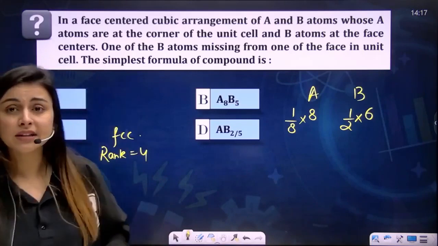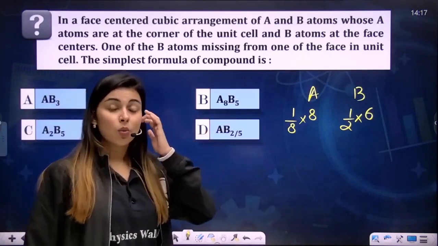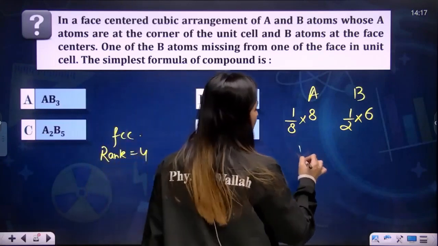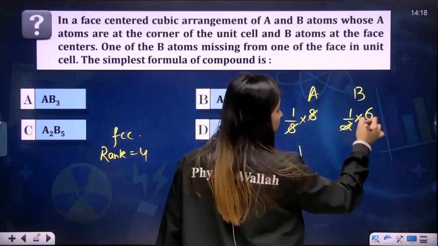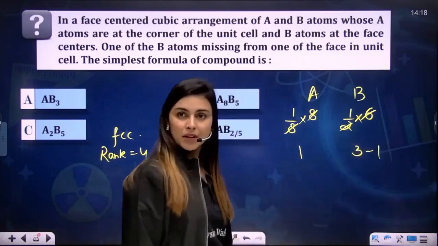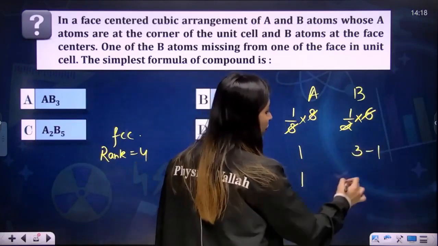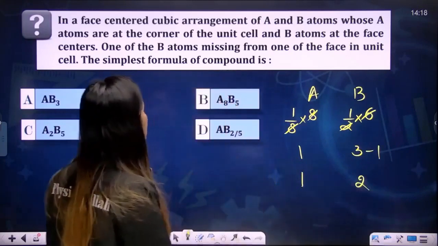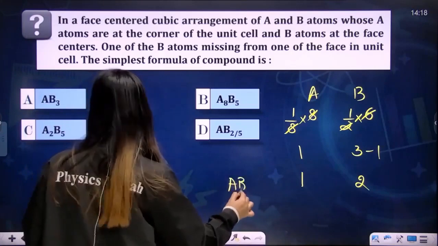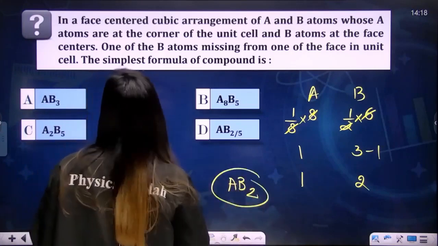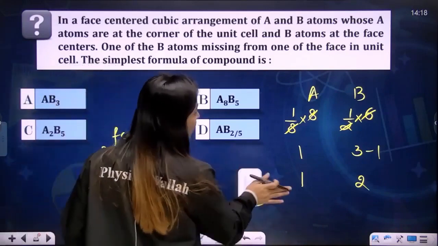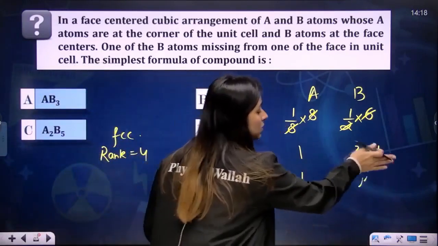So I had one complete atom of A and 3 atoms of B. But out of this, one is missing, right? So I have one atom of A and two atoms of B. The formula of the compound would be AB2, right?